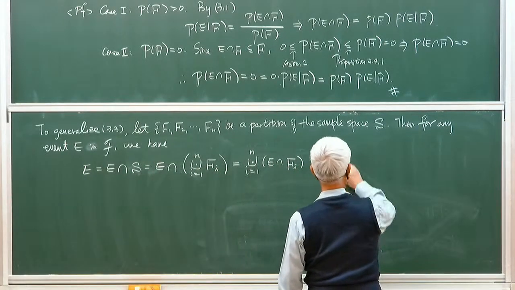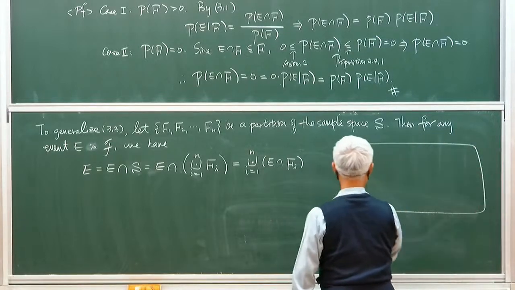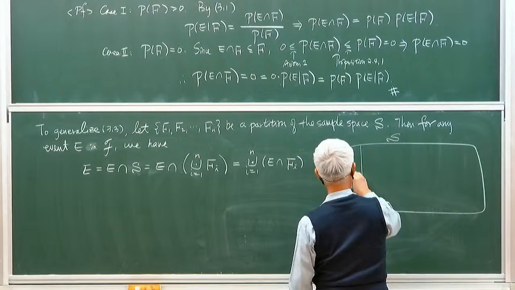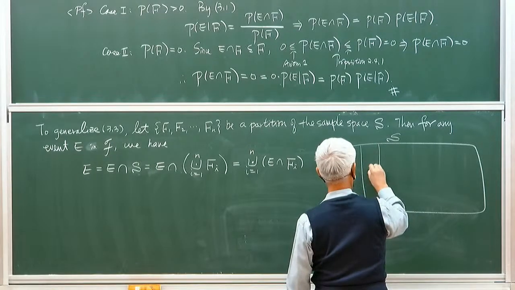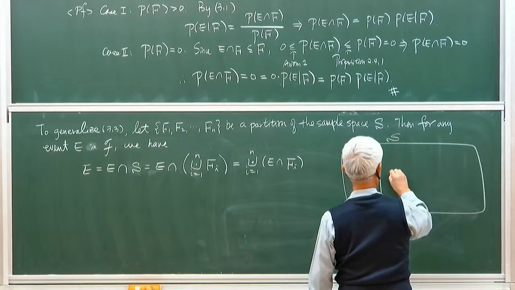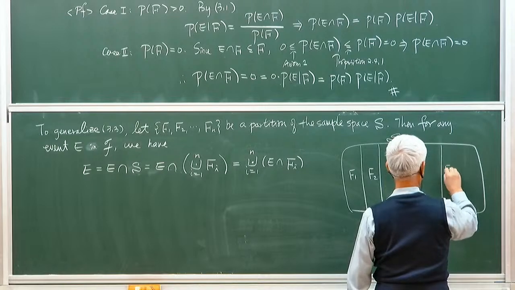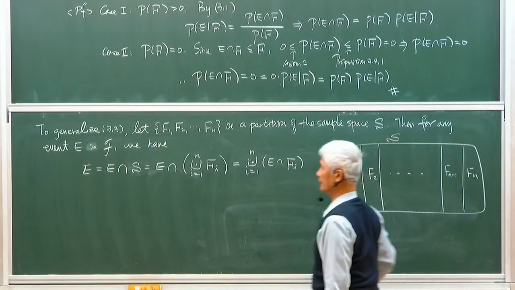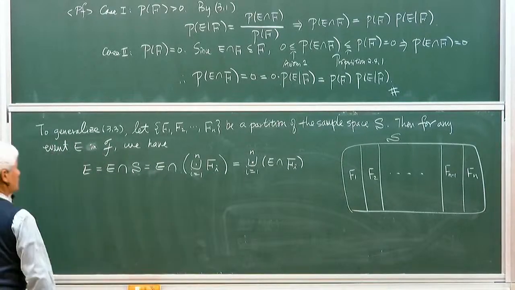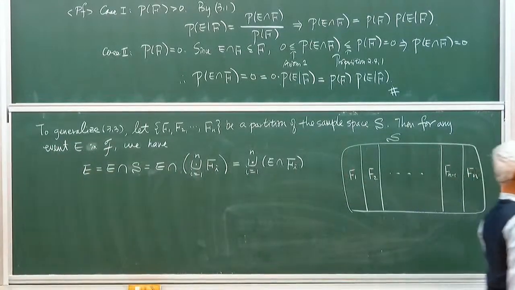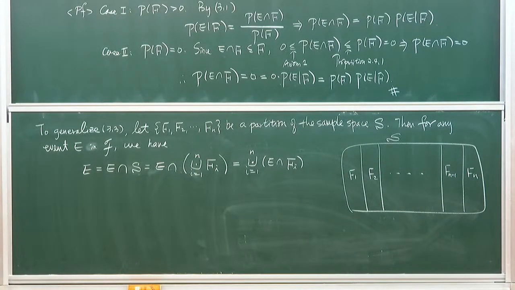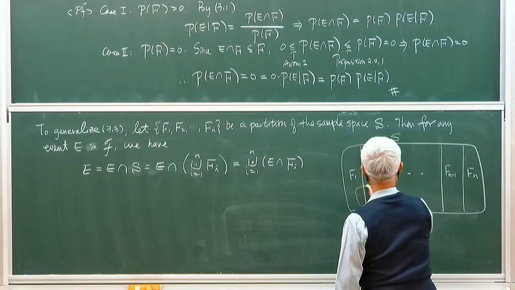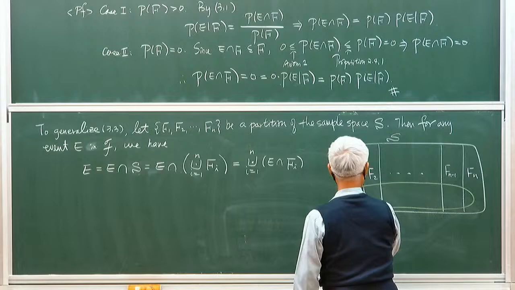Also, you can draw the Venn diagram. This is the sample space, and the partition has F1, F2, up to Fn minus 1, and Fn. Suppose you have E here.